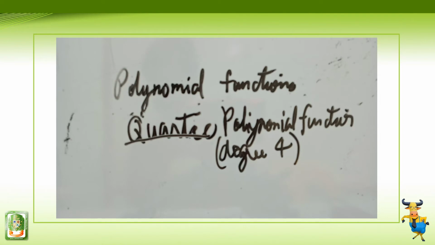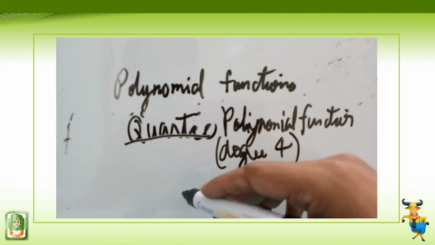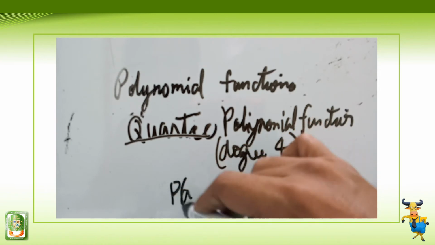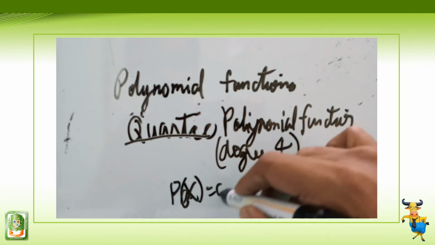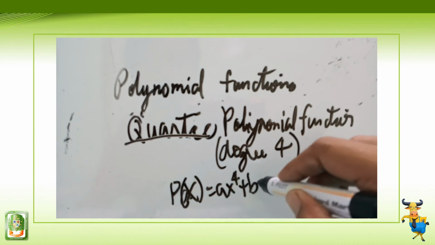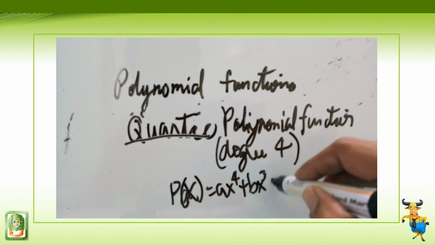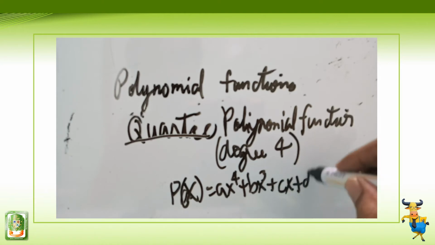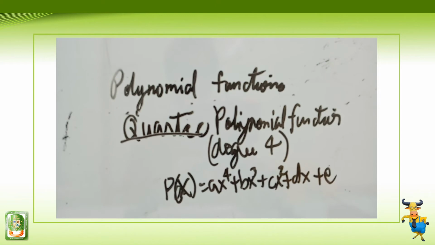So, example nito ng ating quartic is p of x is equal to ax raised to 4 plus bx raised to 3 plus cx raised to 2 plus dx plus e. Yan. Pwede po yan. Pwede po ba?